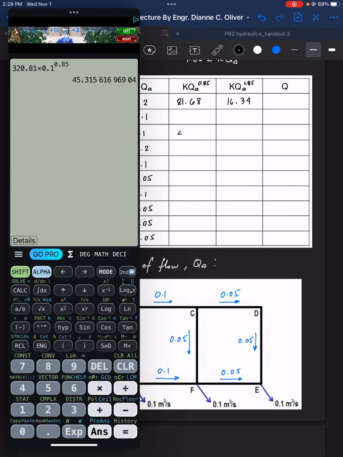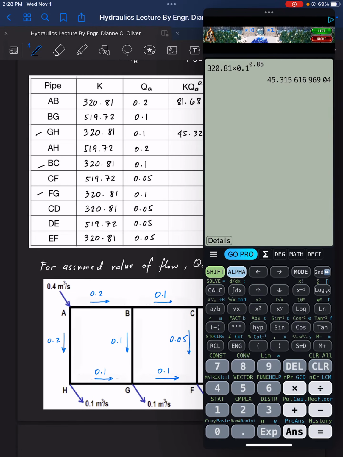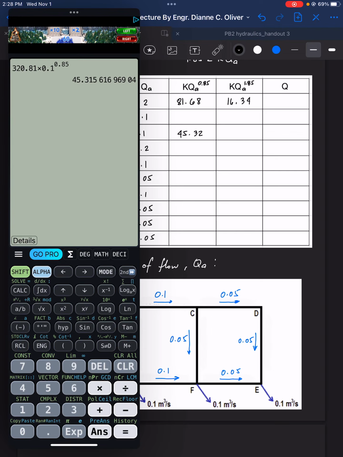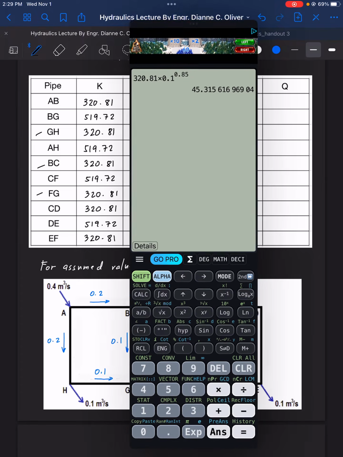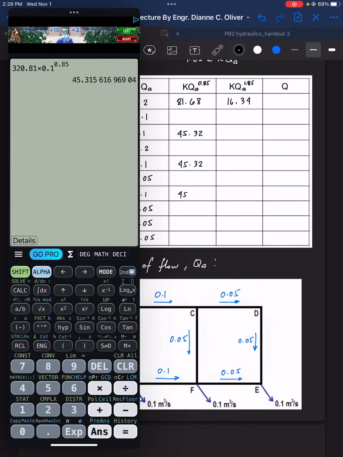So that is 45.32 for GH. Next for BC, 45.32, and then for FG, 45.32. Next, raised to the power of 1.85, that is 4.53.